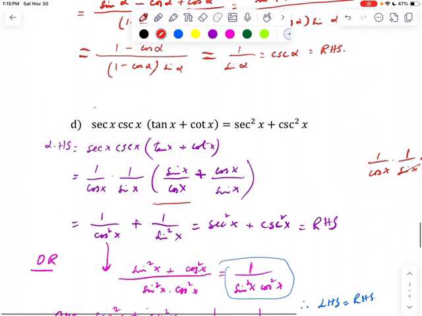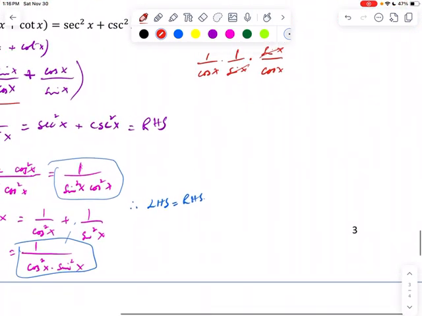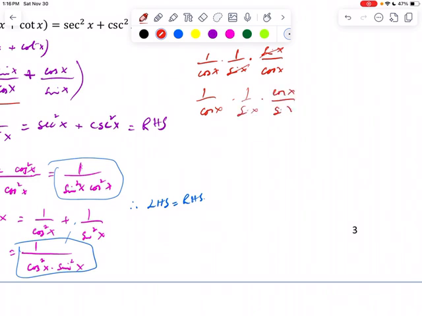So that's what I wrote here. And similarly, when I distribute 1 over cosine x into 1 over sine x with cosine x over sine x, then cosine and cosine cancel out and we are left with 1 over sine square x. So this is how I got here.